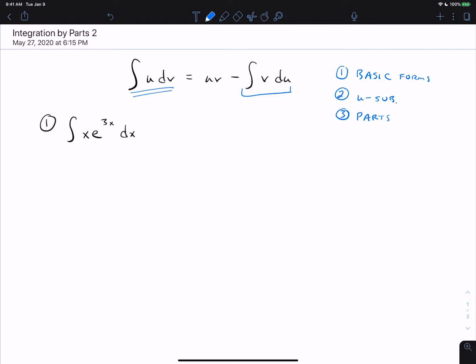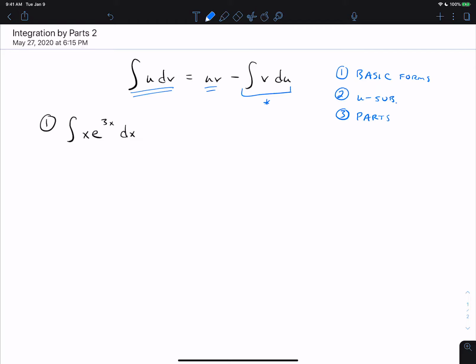The uv part of the answer, you need to have in the answer, but you're basically done with that after the first application of integration by parts. You're not going to do anything else with that part other than maybe simplifying. The key part is this new integral, and you want to get an integral that you can handle at that point.